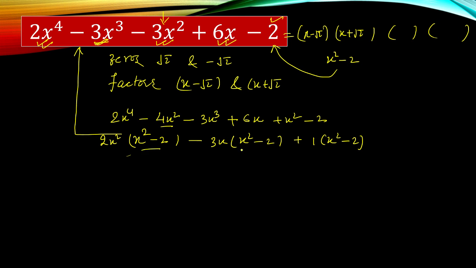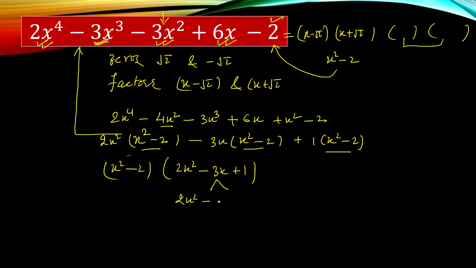Now take x square minus 2 common. What is left inside? 2x square minus 3x plus 1. That is the quotient of the previous method, and actually that is the product of the remaining two factors. Now factorize this one. We will do the factorization by splitting the middle term.